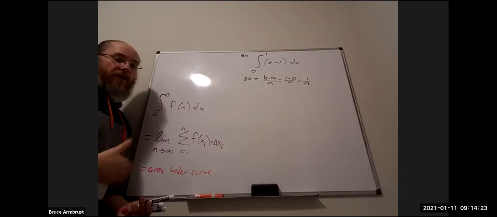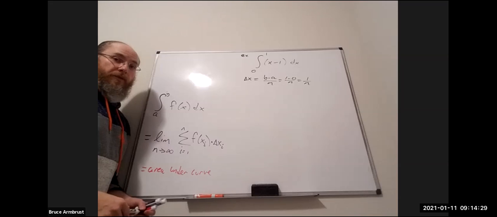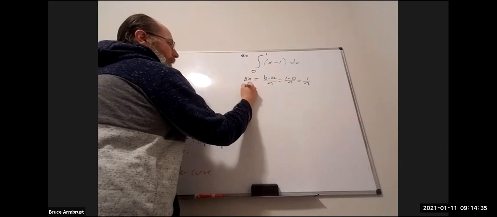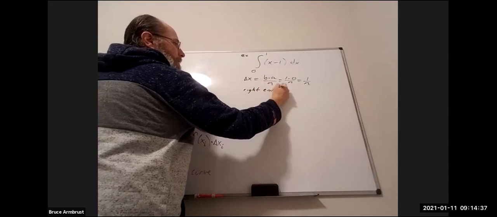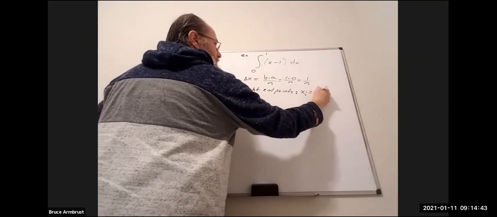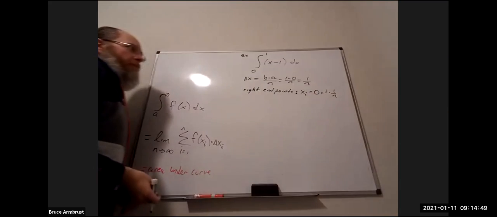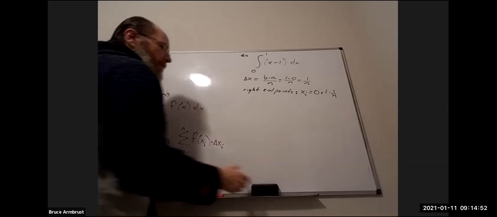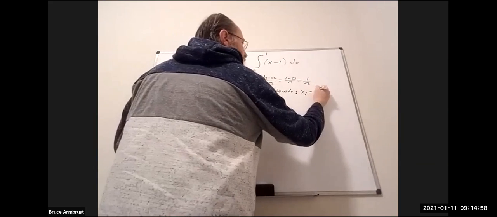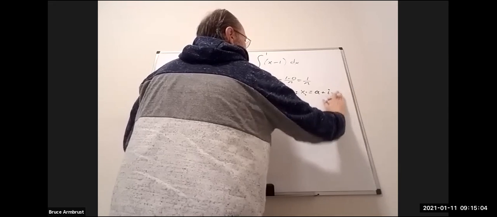Okay, so then we have to choose left endpoints or right endpoints, whichever one we want to plug in. I suggest we use right endpoints. It's a little bit easier in the formula. If we use right endpoints, that means our x of i is going to be a plus i times delta x.